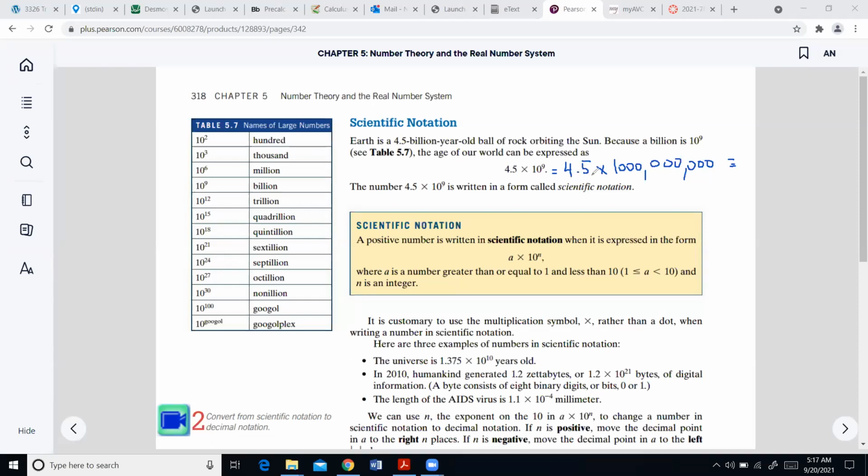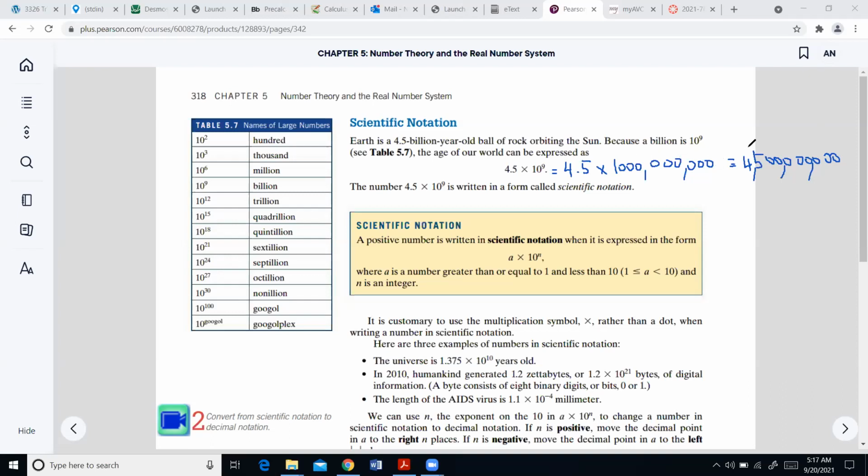So they move it once, they get 45, right? And then they keep moving it again and again, and they're actually attaching 8 zeros to the number. So we end up with some kind of huge result, right? Like 4 billion. Actually, we're multiplying it by billions.